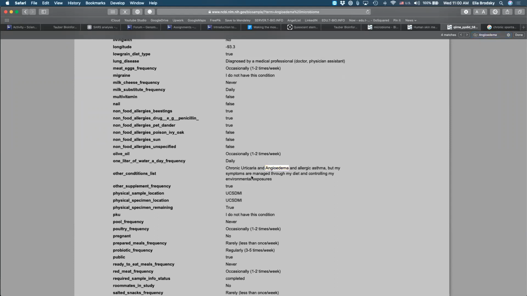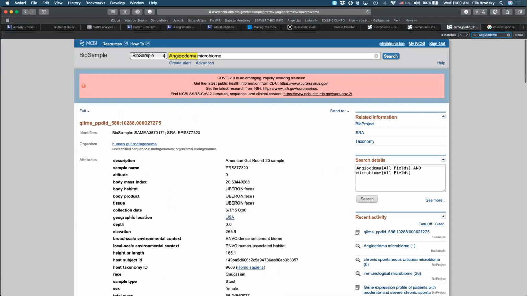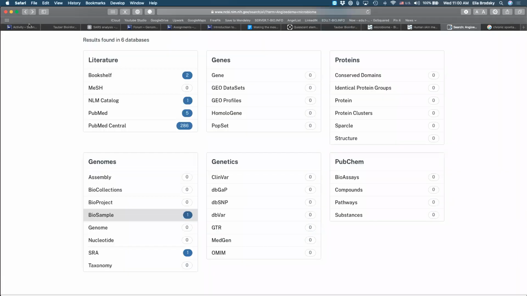Okay, so this is self-reported conditions, but it looks like this is a part of the American Gut Microbiome Project. To the previous step, I just looked for the biosample. So there's just one sample. So maybe this is not enough to actually study microbiome data associated with that condition, but it doesn't have to be a microbiome study, right? I'm just saying that this is just an example of how you find data.